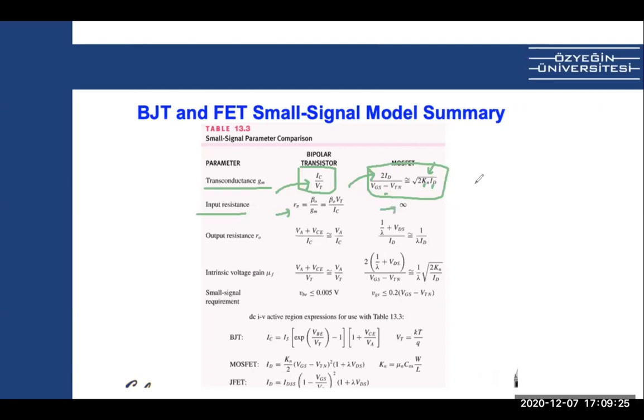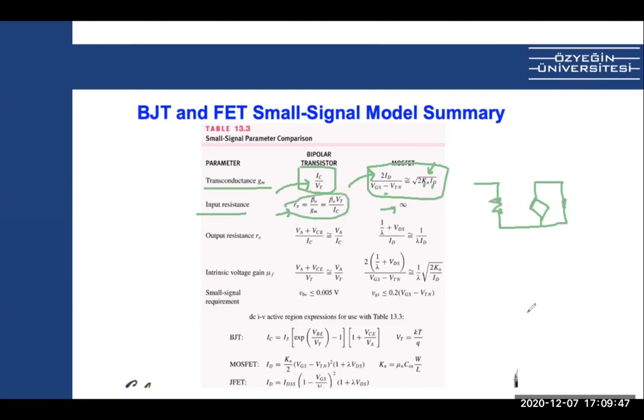What does it mean? When we draw the small signal model, in the CMOS this was open, but in the BJT, we connect R pi resistance here.